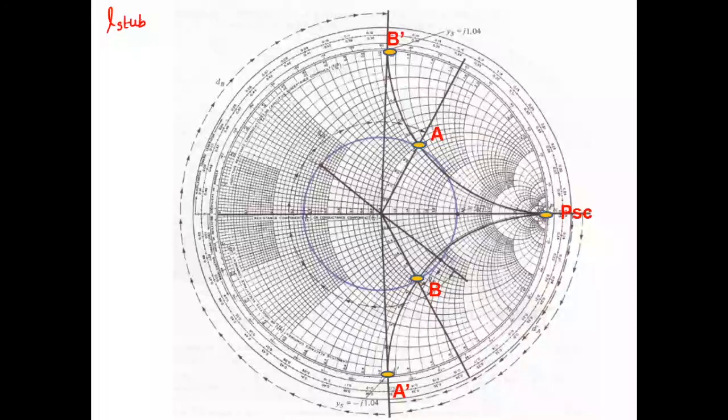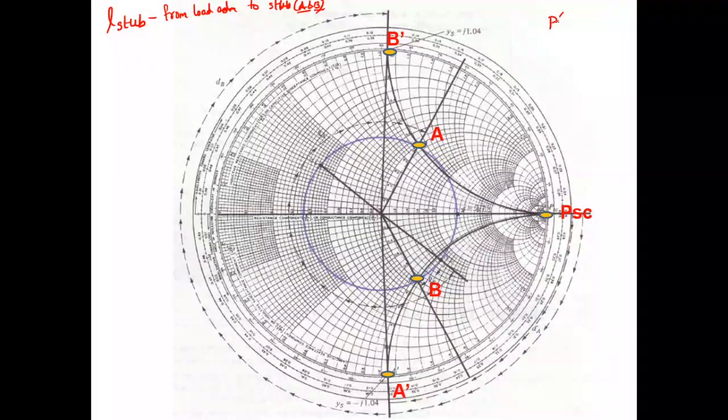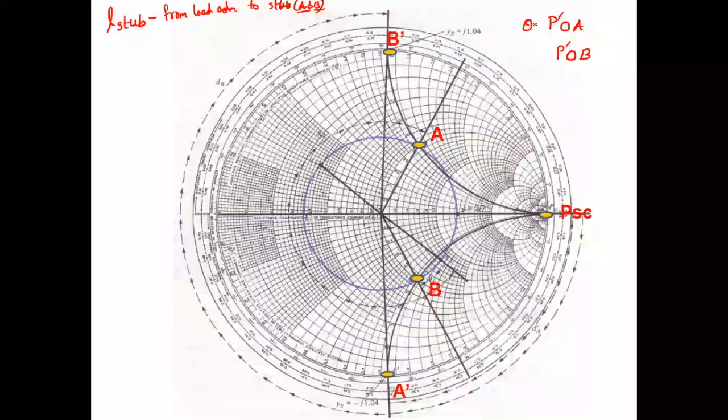L stub means the distance of the stub from the load admittance, from the load admittance to the stub points, say A and B. We identified points A and B, and you calculated the values P dash O A and P dash O B. This is how you calculated theta A and theta B. Then you calculated the corresponding distance to get LA and LB. These are the 2 possible locations for the stub.